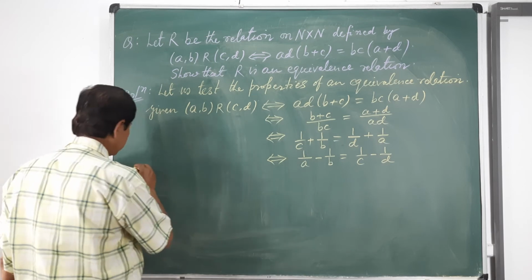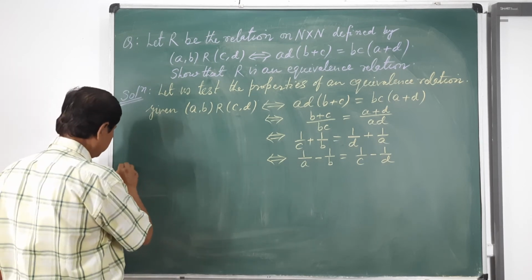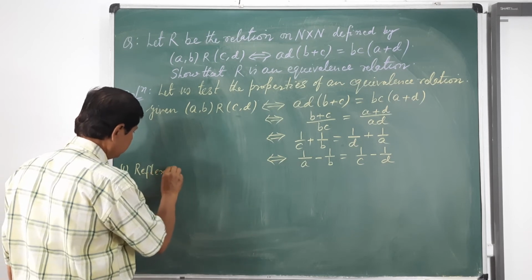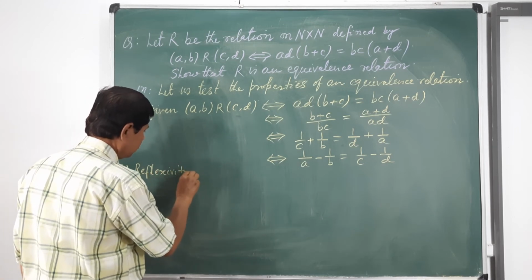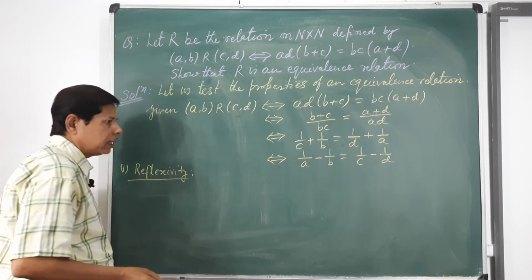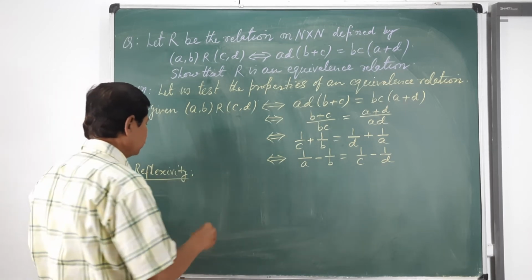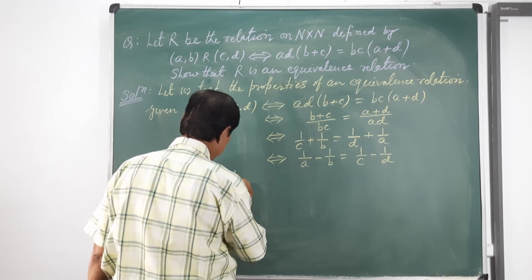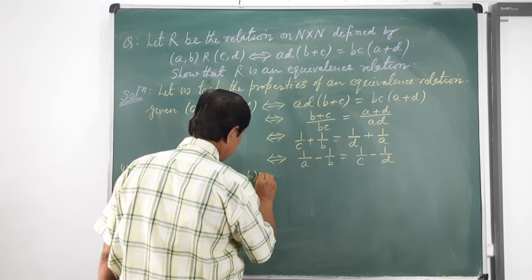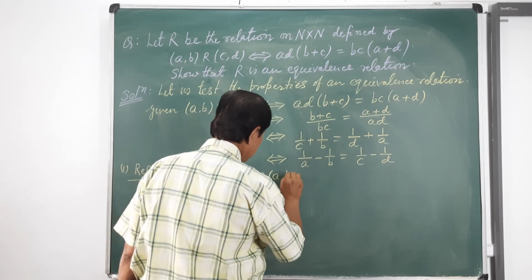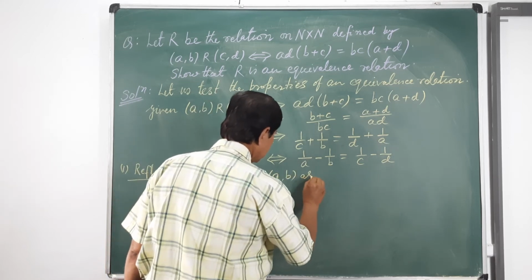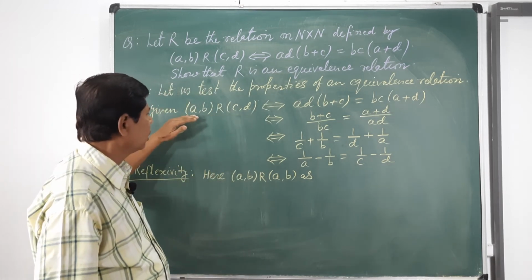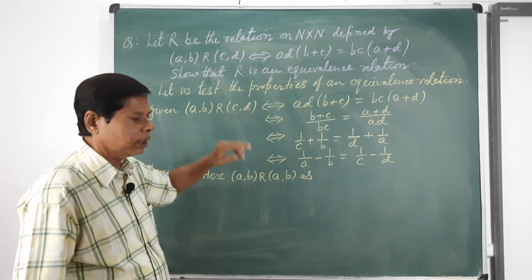Now test the reflexivity. So property number 1, reflexive. In reflexivity, we shall consider one ordered pair. So here (A, B) is related to (A, B), as, now see here, A, B, C, D in order are the number 1, 2, 3, 4 elements.